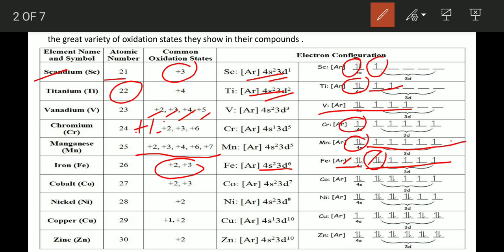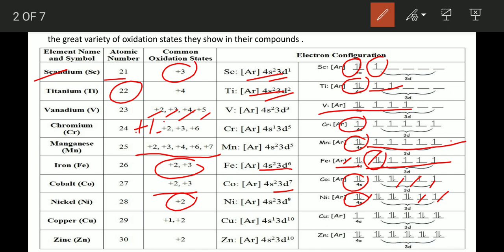Cobalt, 3d7. So this +2 as well as +3, +4, +5. But +2 and +3 are more common. Nickel, 4s2. So +2, +3 and +4. But the most common is what? +2.